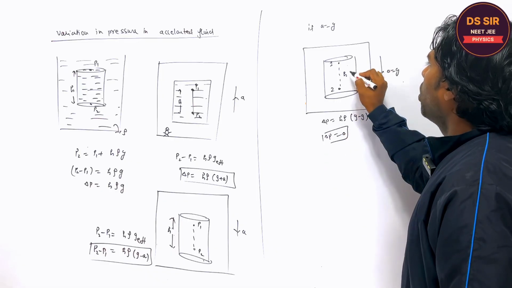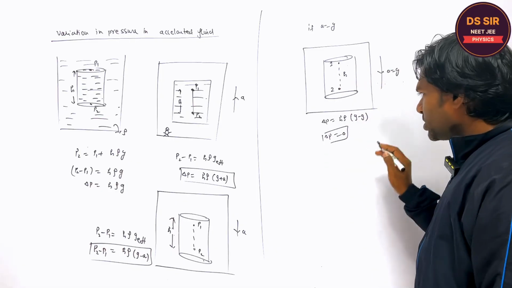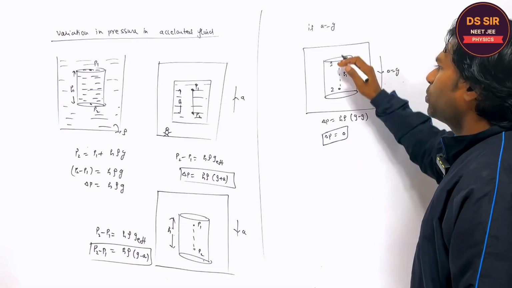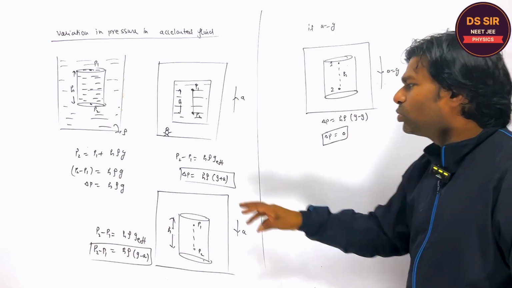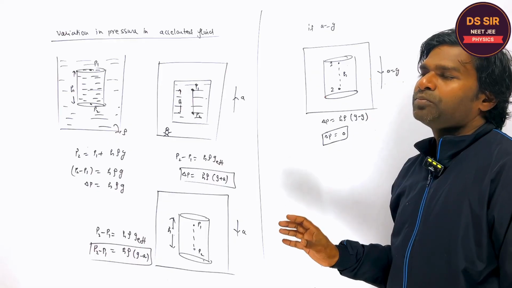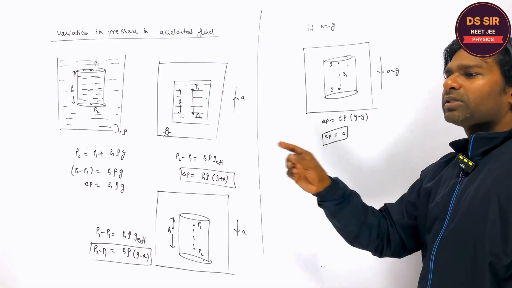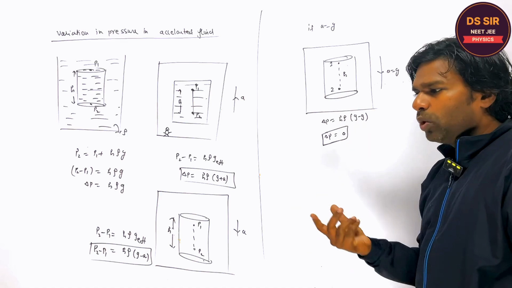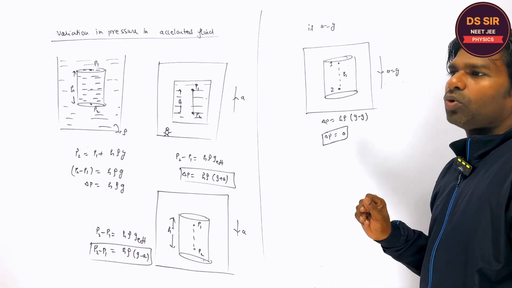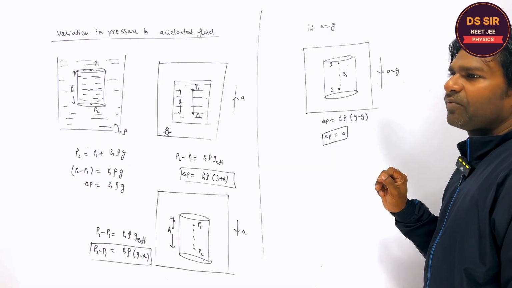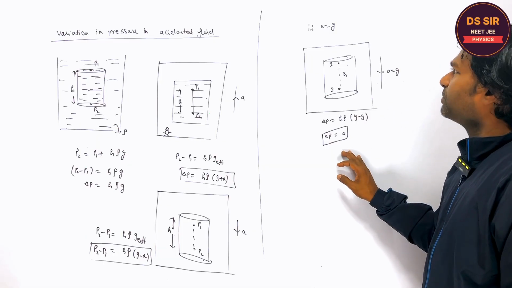It means all the points are at the same pressure. So the pressure difference is basically due to the acceleration due to gravity. If somewhere, for example in a satellite, G effective is 0, then between the 2 points there will be no pressure difference. Is it clear or not?